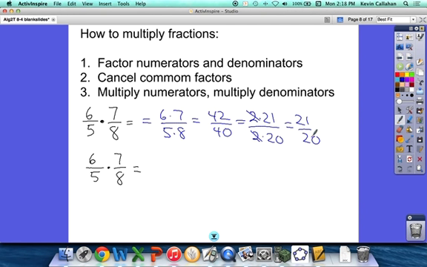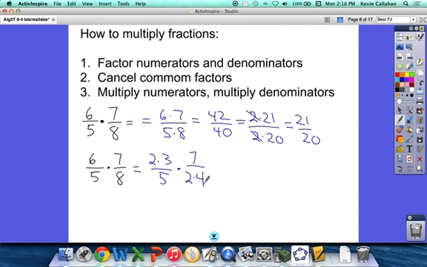You'd probably factor and cancel first. You're not going to end up multiplying everything together and then canceling common factors. You would probably write this like 2 times 3 over 5 times 7 over 2 times 4, and then cancel the common factors, numerator and denominator.